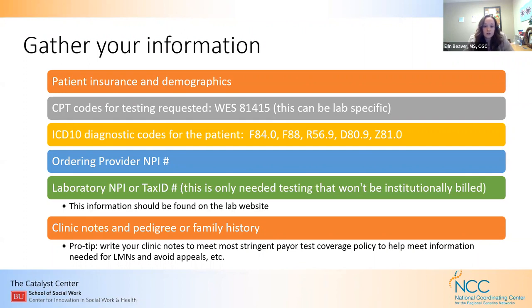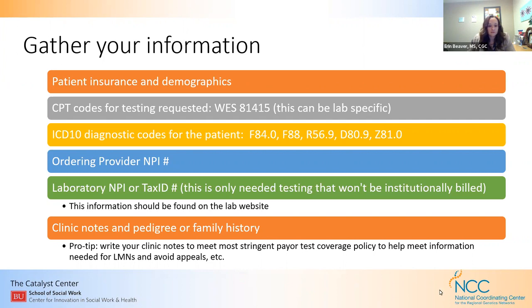And usually your family histories are going to be lower priority unless it's a family history of a genetic condition. So most of your Z codes will come at the end of a priority list of ICD-10s, again, unless it is a family history of a specific genetic condition. Then we'll have our provider NPI number, laboratory NPI number. And again, don't forget to make sure that your clinic notes are very clearly outlined to the most stringent payer test coverage policy for the insurance payers that come through your office.